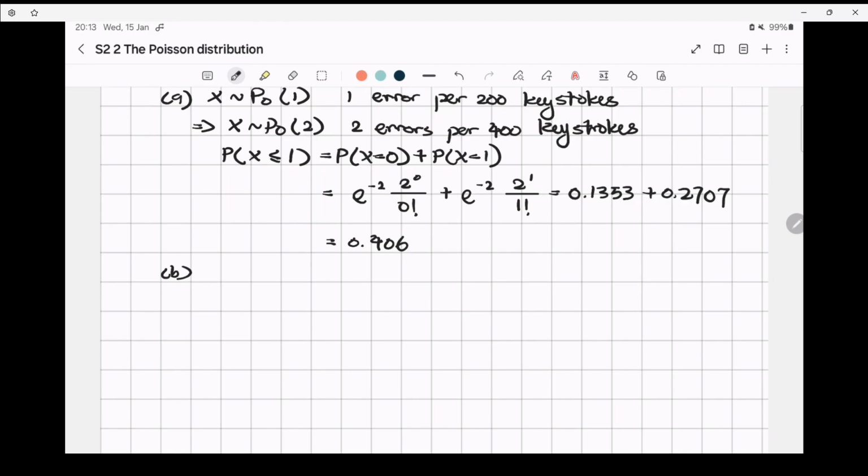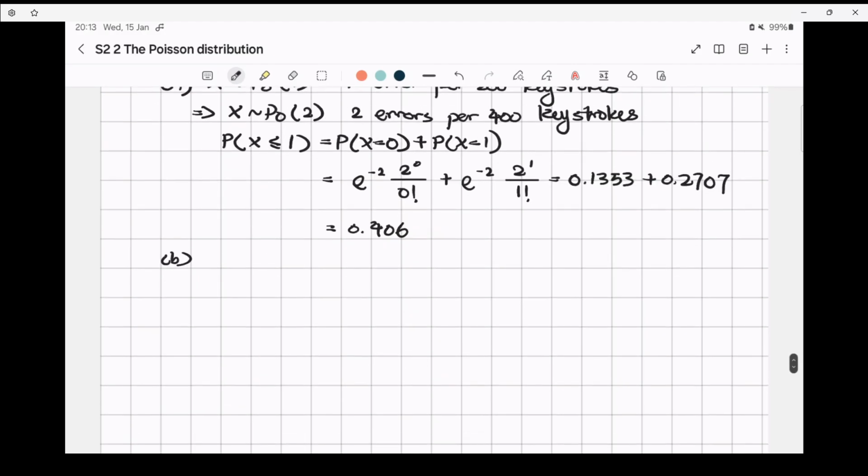So now you are typing two documents. Each of the documents takes, sorry, 400 keystrokes. So it means that what you would need is this. You have 4 errors per 800 keystrokes, because you type two documents, each has 400. Okay, so you would do the same thing, P(X smaller or equals to 1), because you are required to find at most one error.